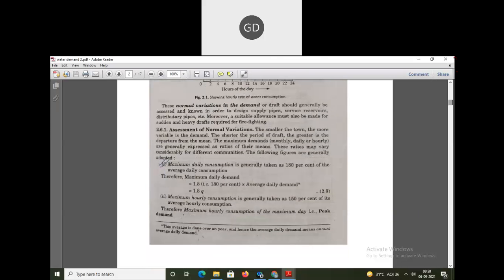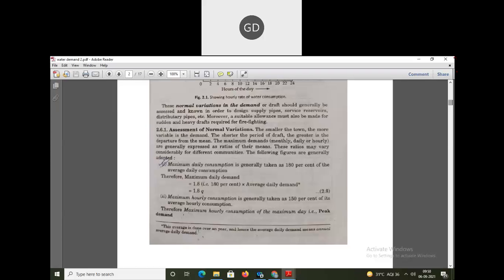Now, why do you need to know in which period of time the water demand is more, during which season or which hour?